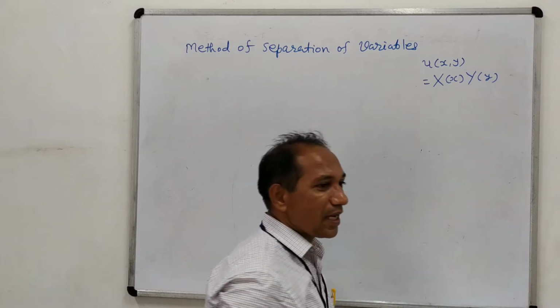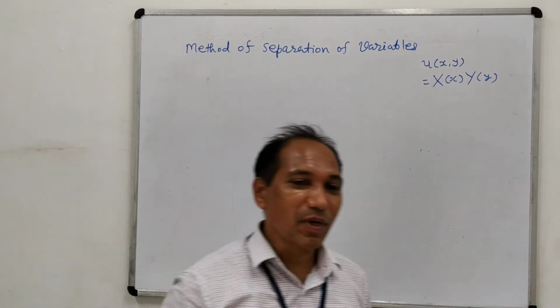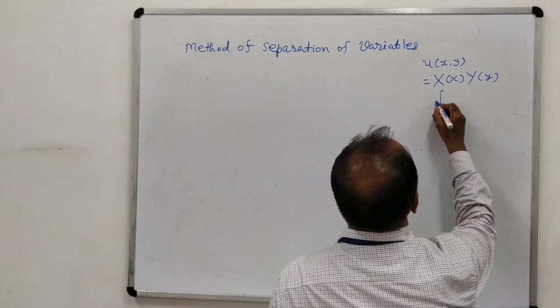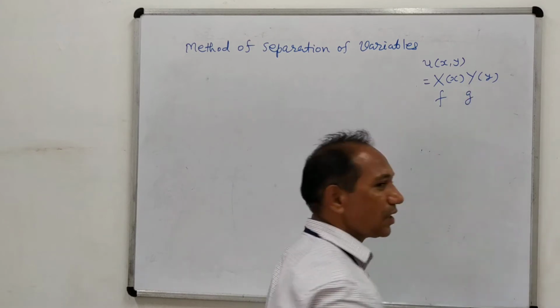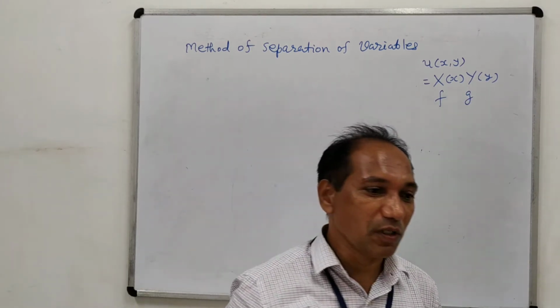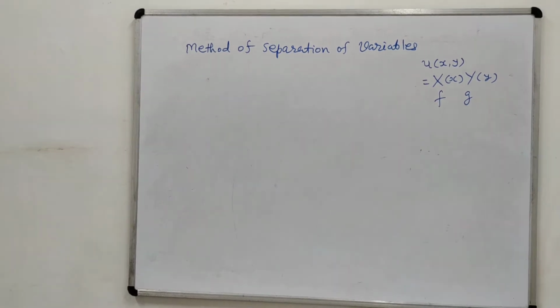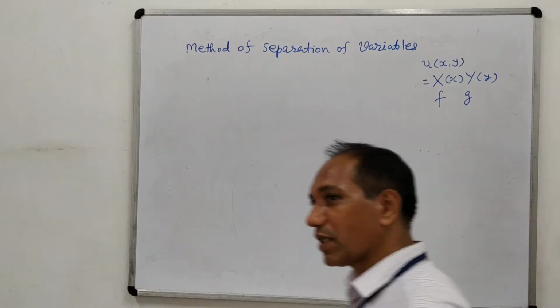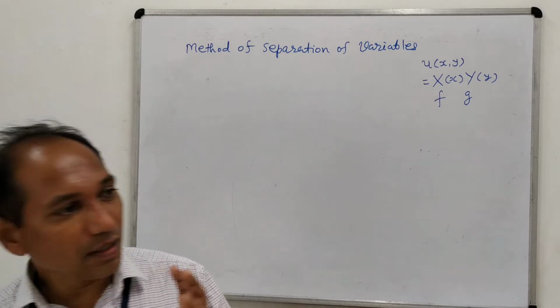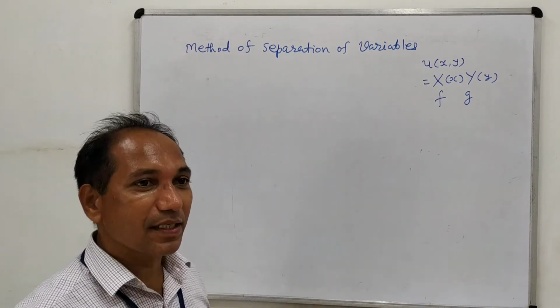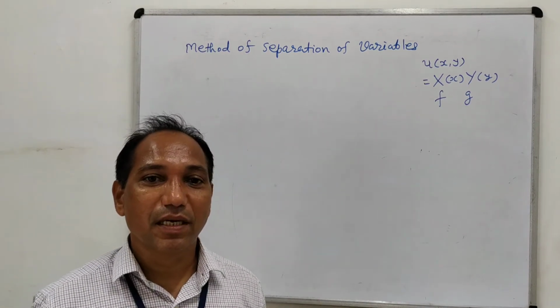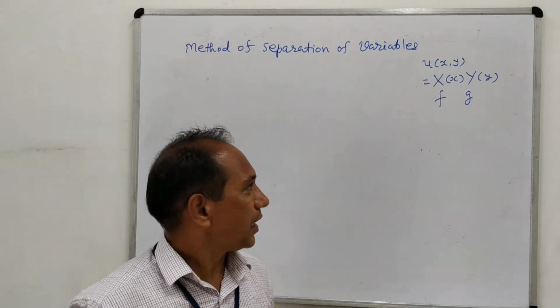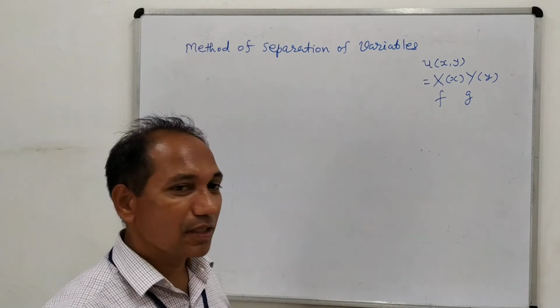Here capital X and capital Y are nothing but functions, just like we denote by small f function, small g function. But instead of small f and small g, we have denoted them by capital X and capital Y only, because here we can understand very easily that capital X is related with small x and capital Y is related with small y.